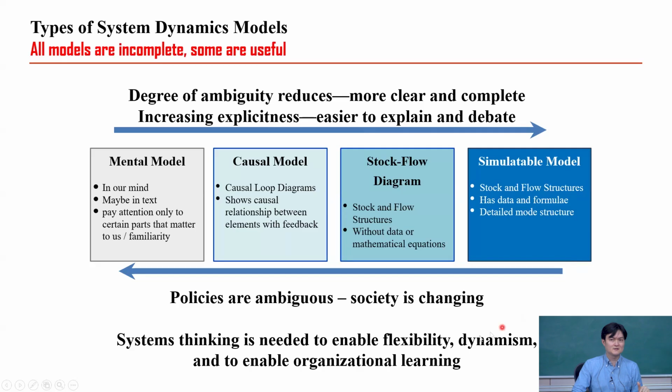people and policies are ambiguous. Society is also changing. So you also have to think about going from right to left. Systems thinking is also able to incorporate the flexibility and the dynamism you need to think about policy changes that you need to implement. Organizational learning has to occur because society is always changing as well.